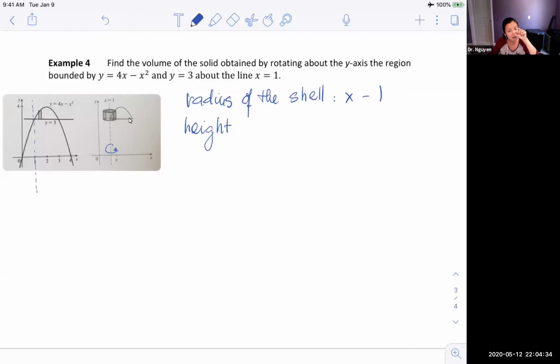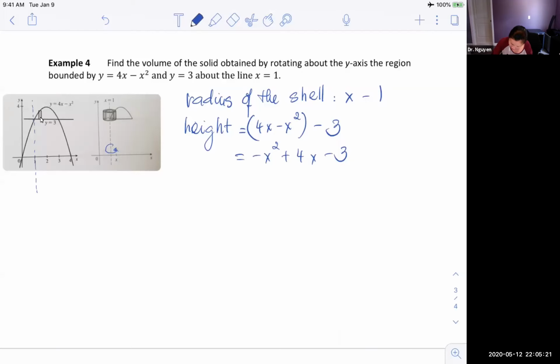So that length right there is going to be the curve, 4x minus x squared, and then you subtract 3. This is y equals 3 right here. So that's how I got the height. I take 4x minus x squared, and I subtract 3. Anyway, you can definitely simplify it before we put it in the integral.